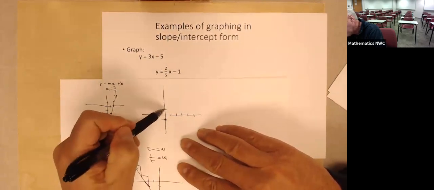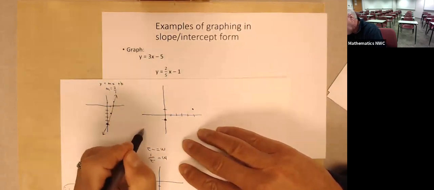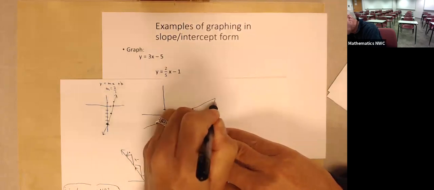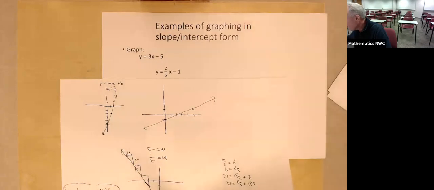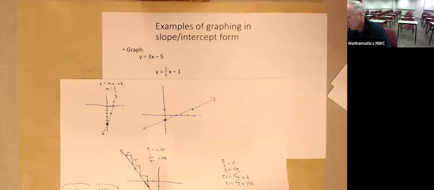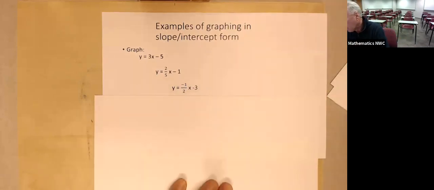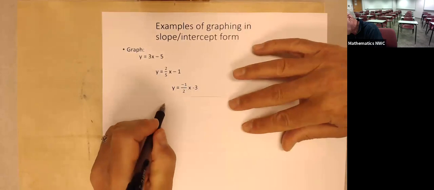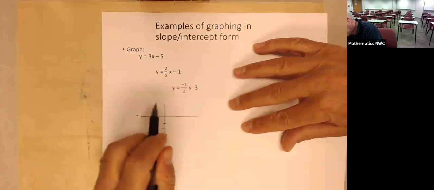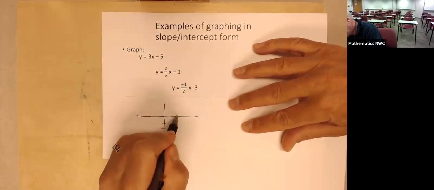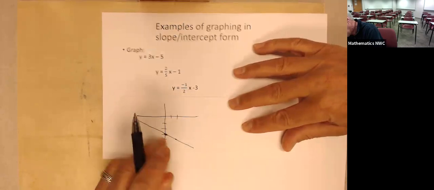So up 1, 2, over 1, 2, 3, 4, 5, and I basically have my 2 points, which would work for my line. This one, graphing again a little faster: y-intercept -3, slope down 1 over 2, down 1 over 2, I have my line.